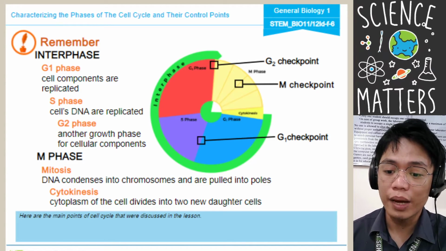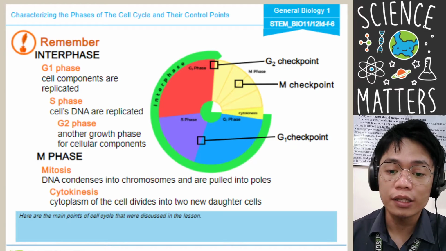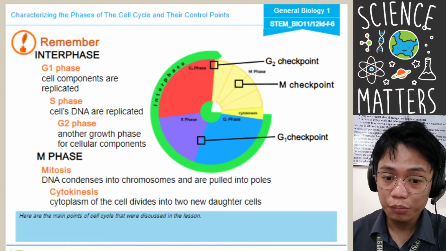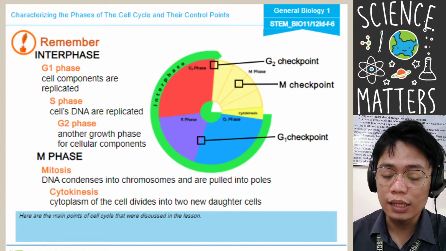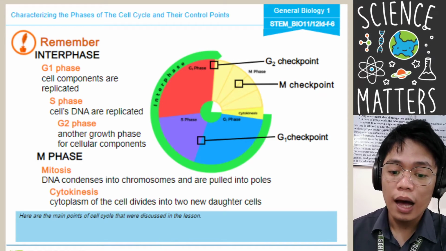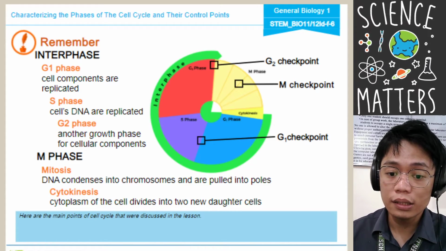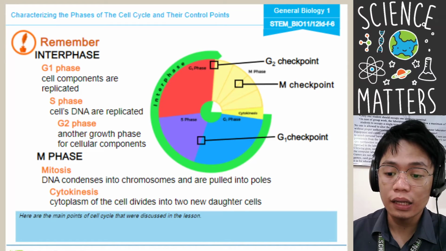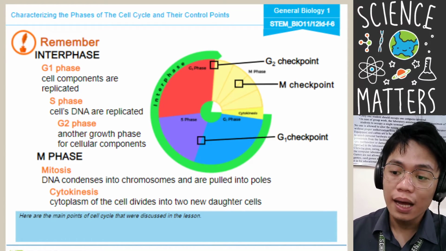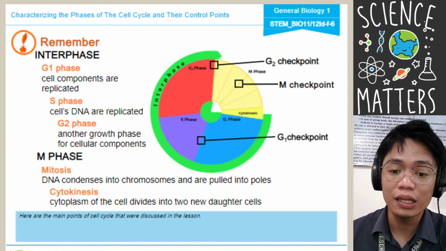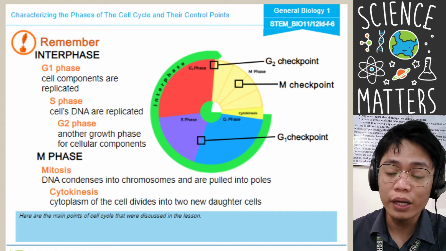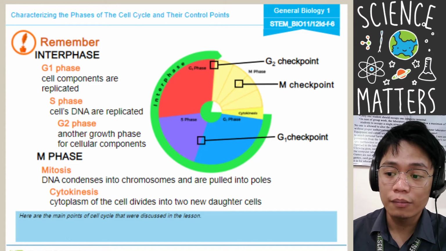We have the mitosis, which is separated into four processes: the prophase, metaphase, anaphase, and telophase, and cytokinesis that supports the cell or divides the cell into two identical daughter cells. So again, in each of these processes, there are different checkpoints. We have three checkpoints: the G1 checkpoint, G2, and the M checkpoint.